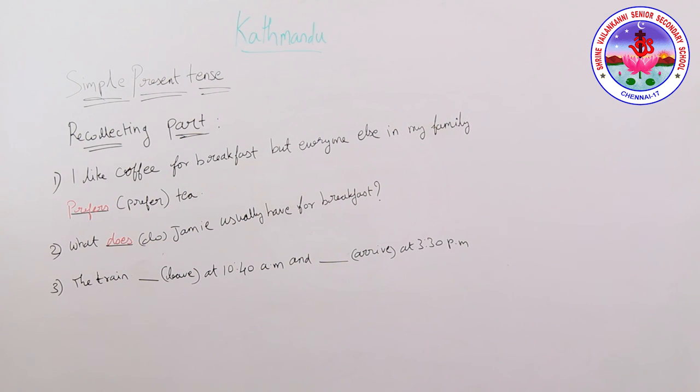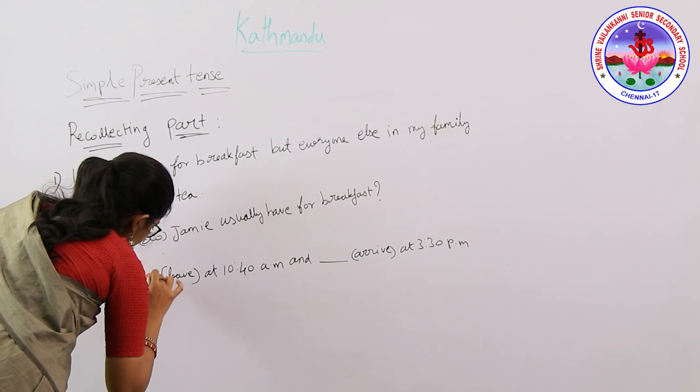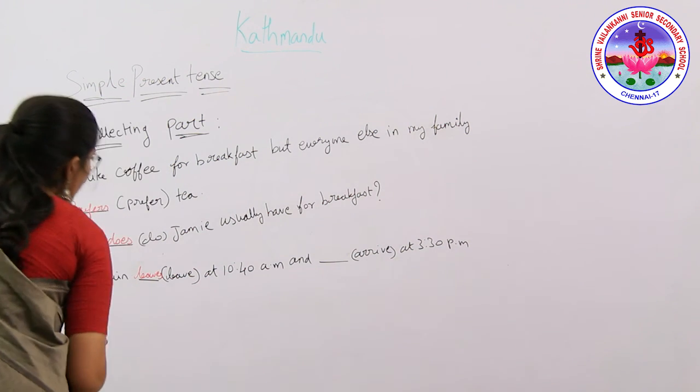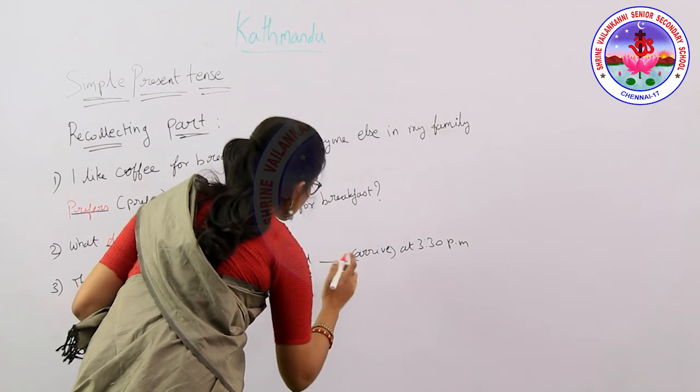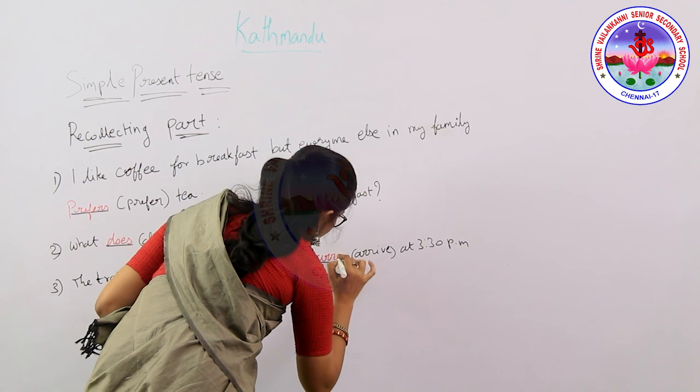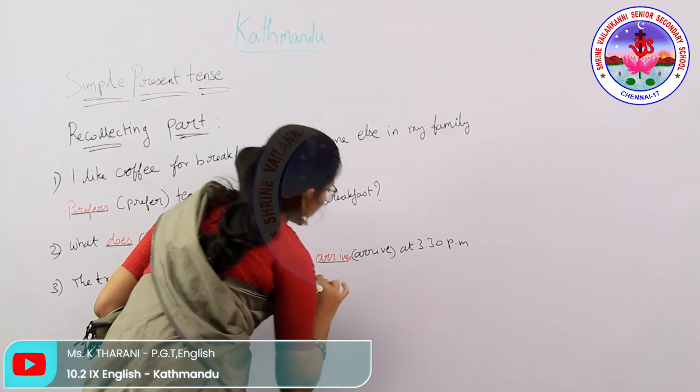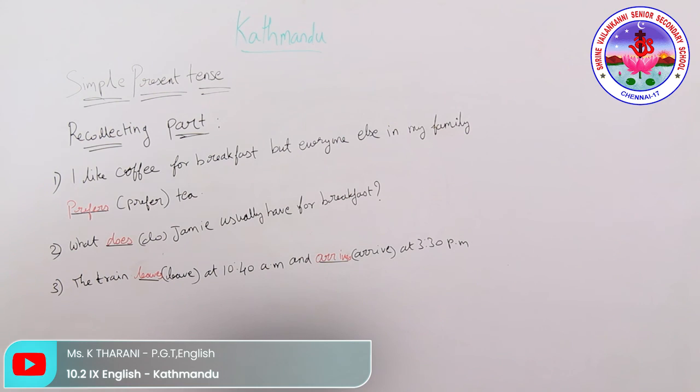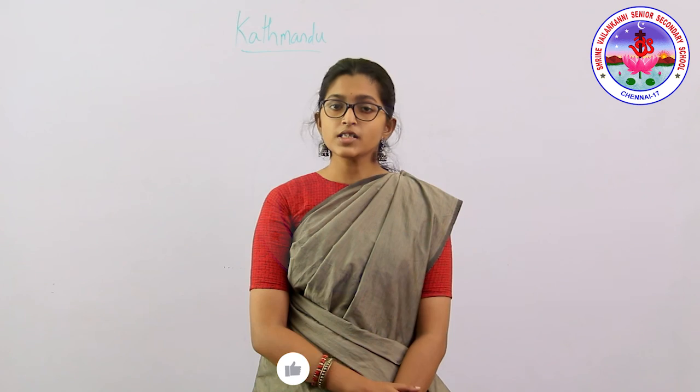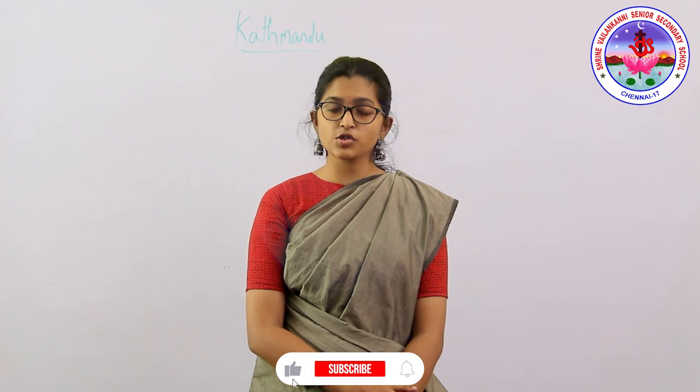What does Jemmy usually have for breakfast? The next one: the train leaves at 10:40 a.m. and arrives at 3:30 p.m.